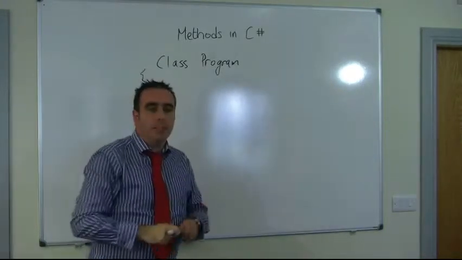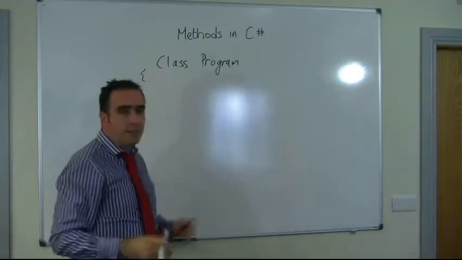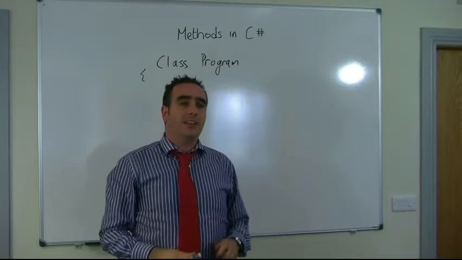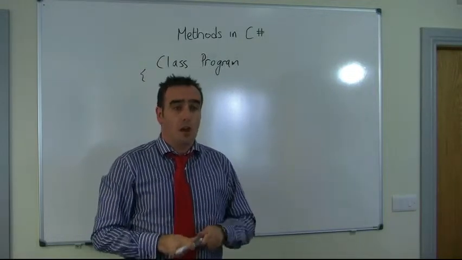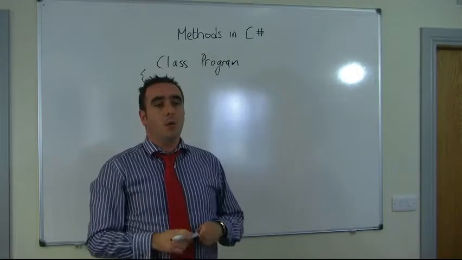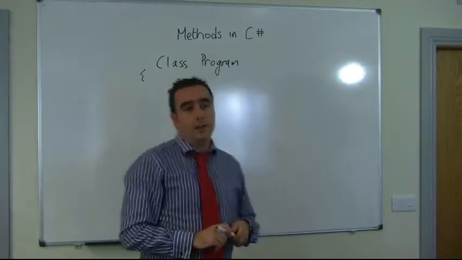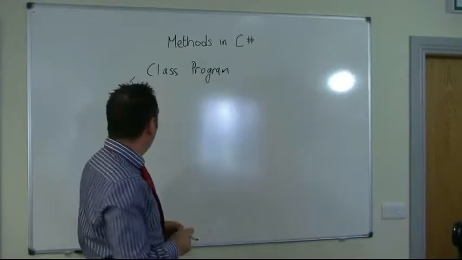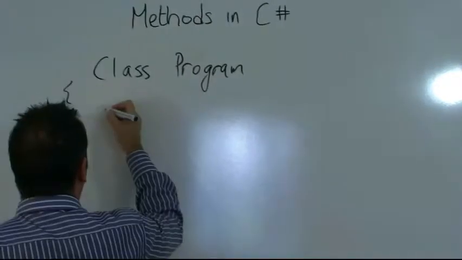The next thing that we need to do is define a main method. So what is a main method? Well, the main method essentially is the entry point for the execution of your program. Every program will start within the main and finish within the main, so it's important that we have a handle on what the main method is and the signature that we use.